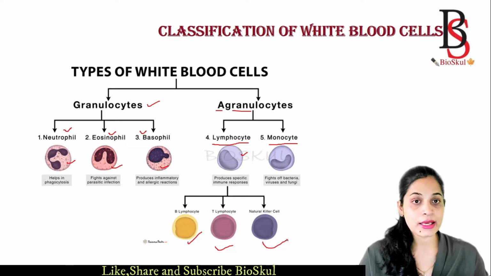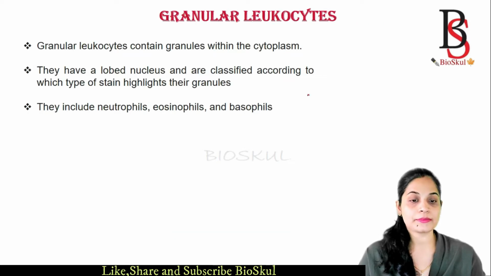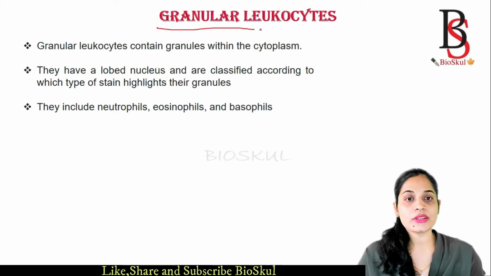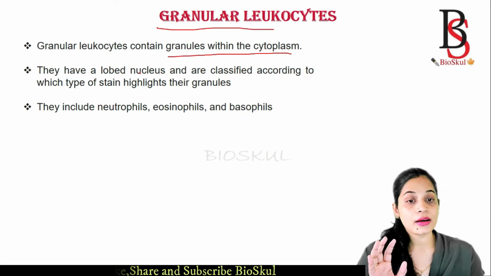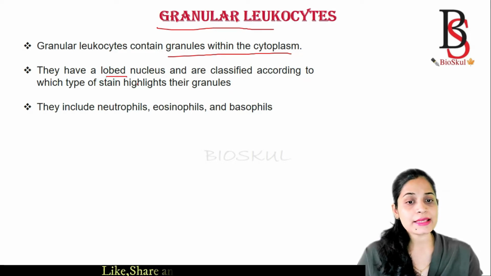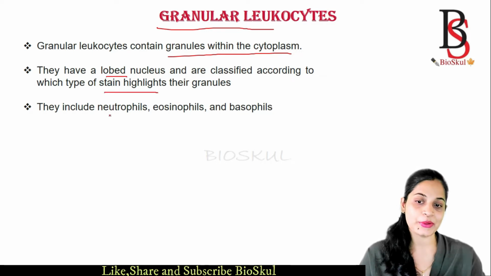Now we will see the function of each type of white blood cell. So first we will see the granular leukocytes. Granular leukocytes contain granules within the cytoplasm, as I told you before. They have a lobed nucleus. The nucleus of granular leukocytes is lobed, and they are classified according to the type of stain that highlights their granules.